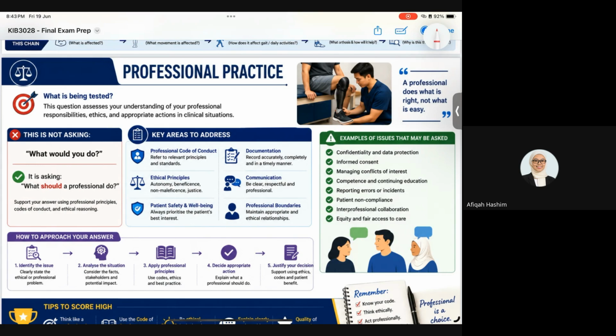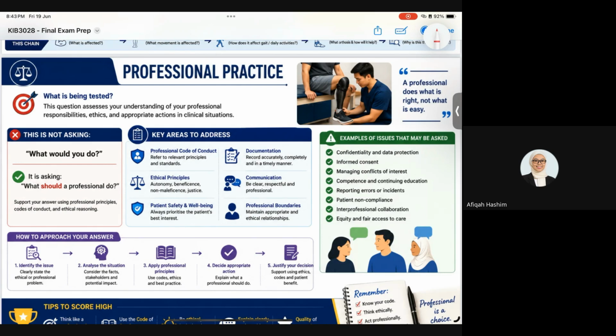And here, good communication is one thing in the code of conduct, for example in the ISPO code of conduct. Good communication is a part of professional practice, and you should educate the patient first. Good communication first, and then educating the patient second.